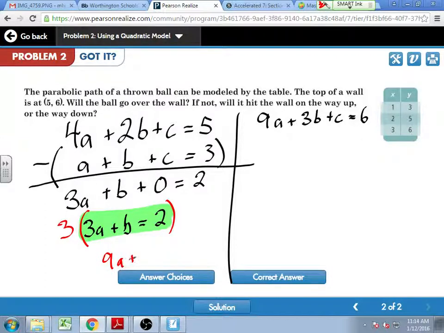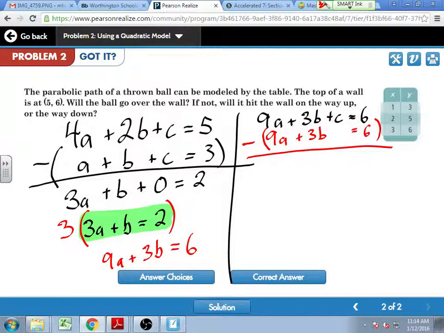That gives me 9a plus 3b equals 6, which works out very nice, because when I go to subtract that away, everything cancels except for the c, and that tells me that c equals 0.